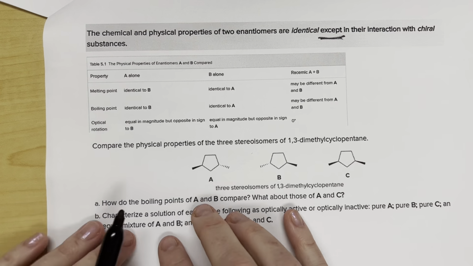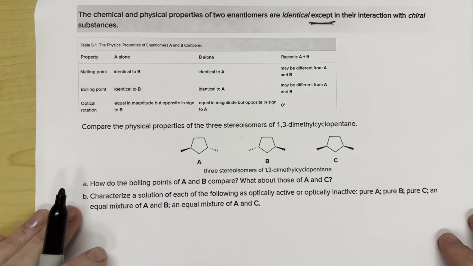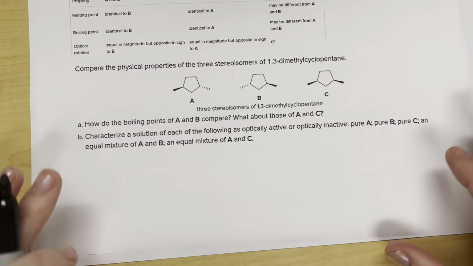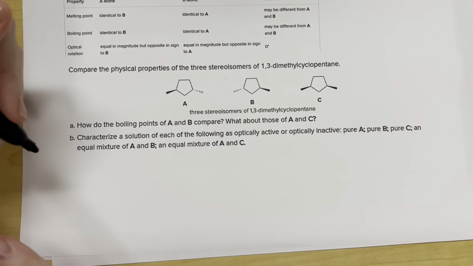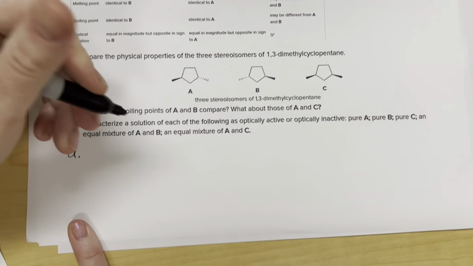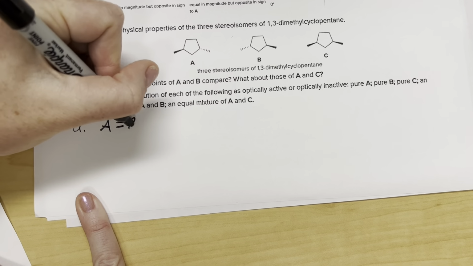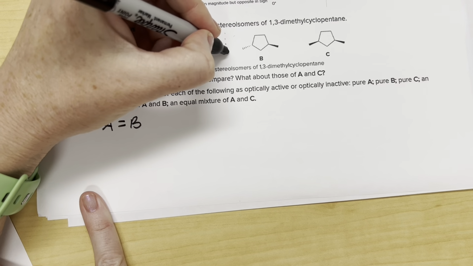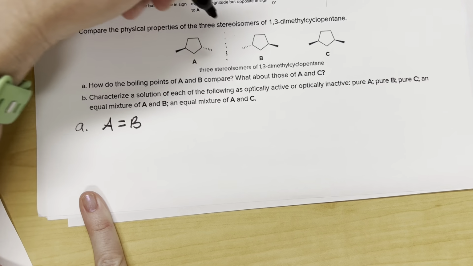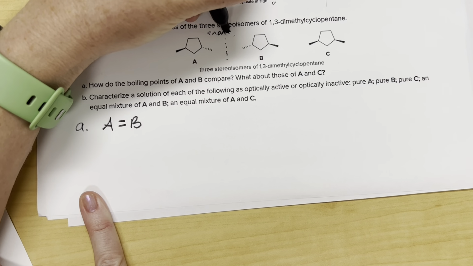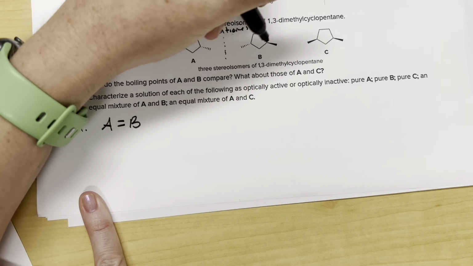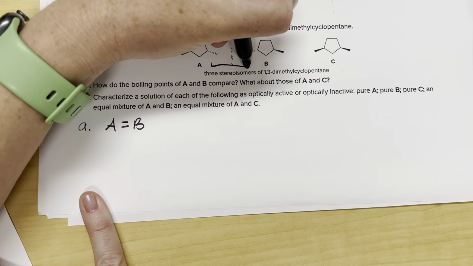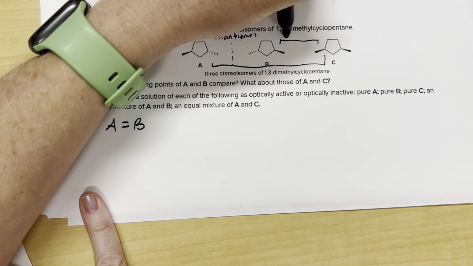Okay, so let's look at these questions, even though I just kind of went through them, and write it down. So make sure that you're completely in agreement and understanding this stuff. Okay, so it says, how do boiling points of A and B compare? So for A, we know that A must equal B, right? The boiling points of this and this must be equal. These, by the way, as you can see, are mirror images of each other, right? These are enantiomers. As opposed to these, A and C and B and C are diastereomers.